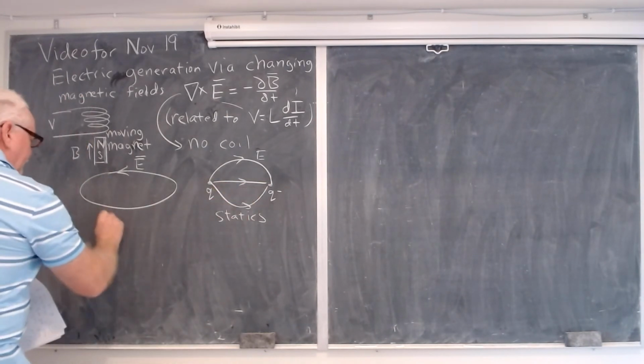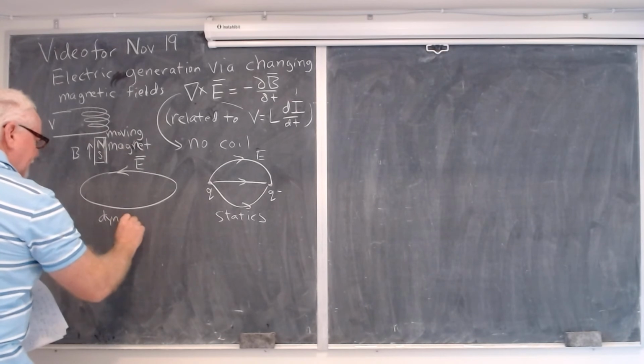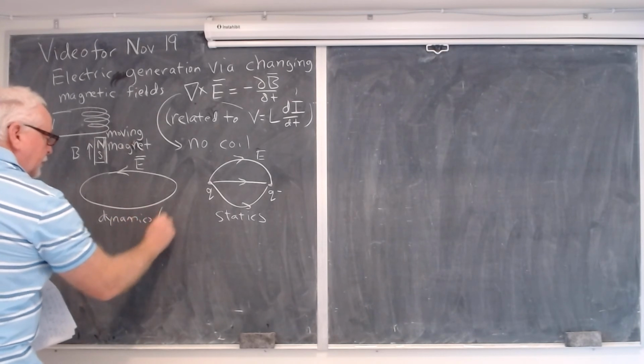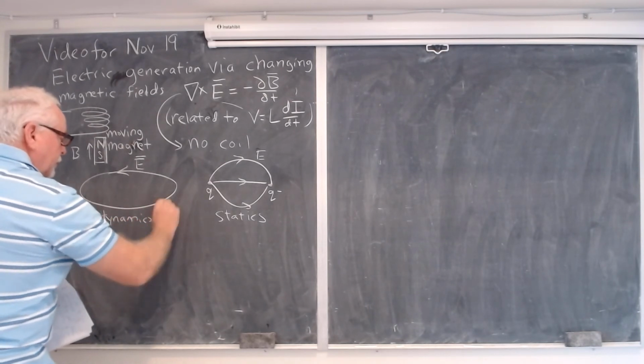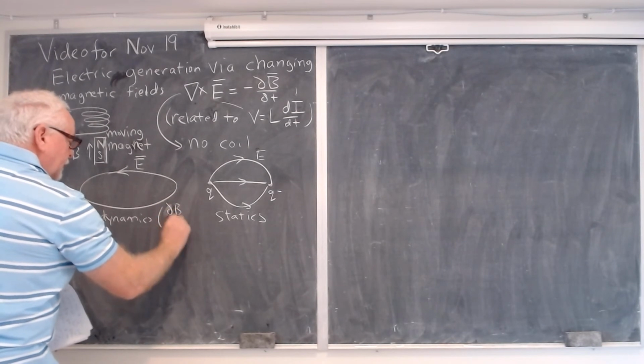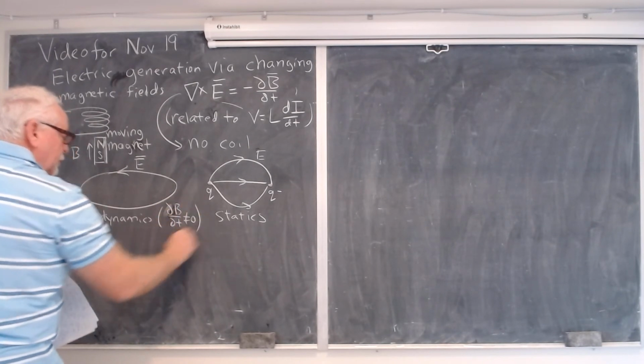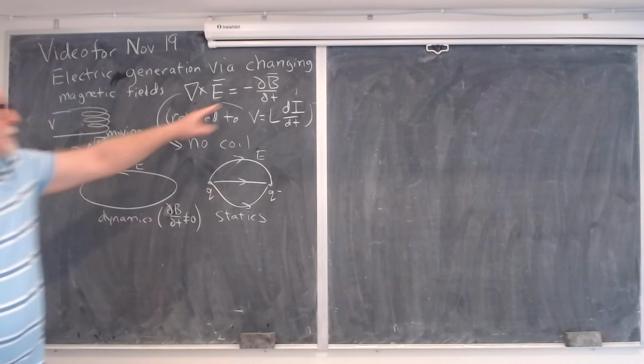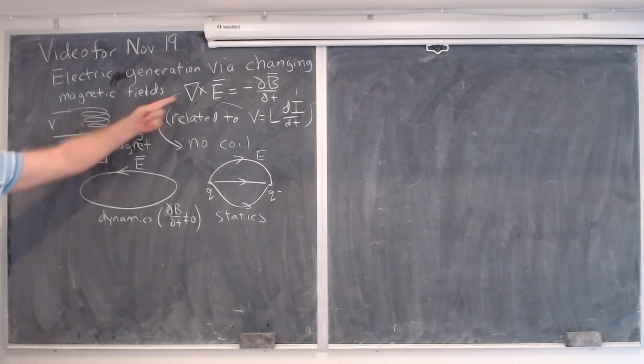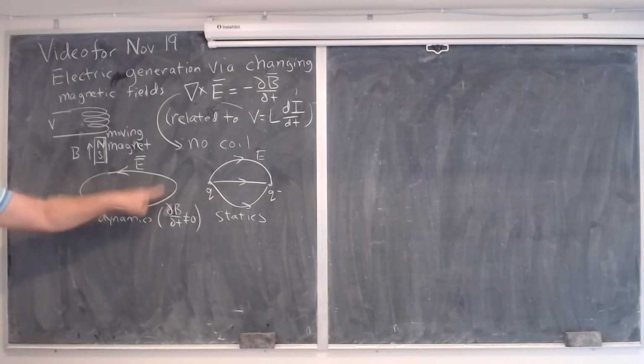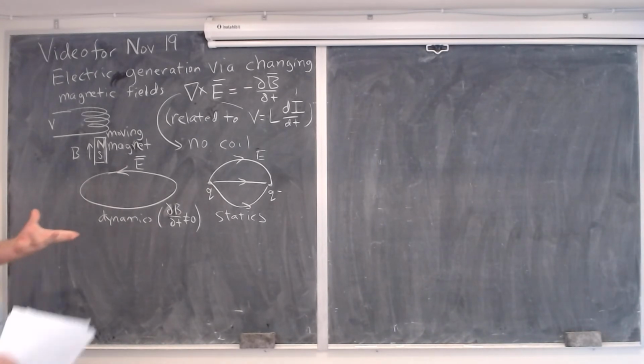So for dynamics, where dB/dt is not zero, what this equation tells me is that E can loop in on itself. That's pretty dramatic because it violates a lot of things.